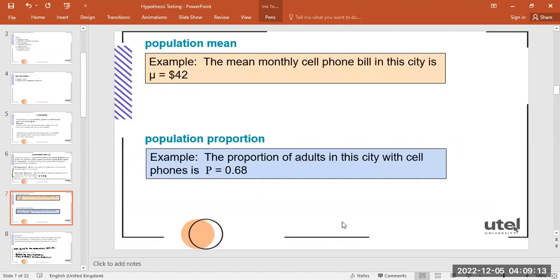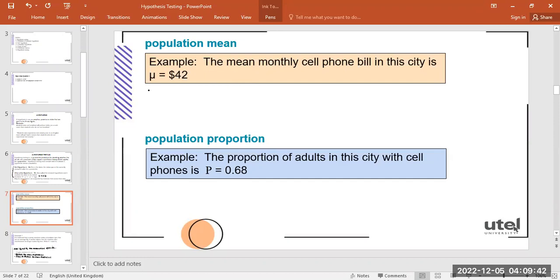Now, an example of how some of these propositions or claims could be stated is as shown. If I make a statement and say the mean monthly cell phone bill in the city of Mexico, mu, is equal to $42, this happens to be, let's say, the null hypothesis.